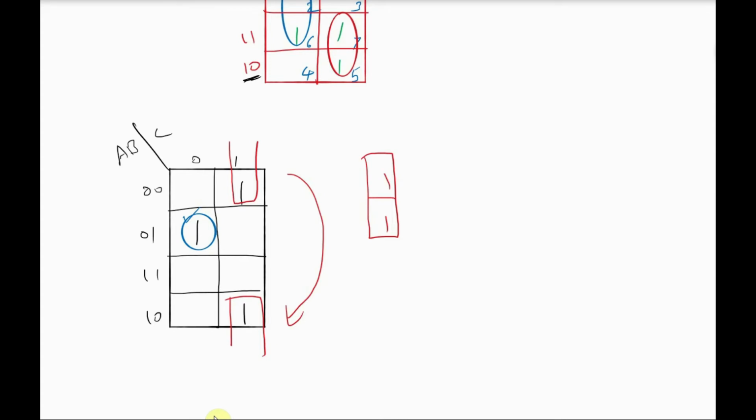When you fold vertically, this 00 row and 10 row will touch each other, and this row and this row will be adjacent to each other. So when you group the boundary cells, you have to draw the shape like this, the open bracket like this and the bottom like this. So we will see another example.